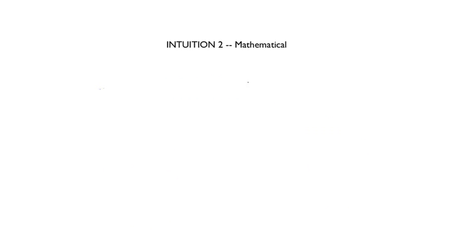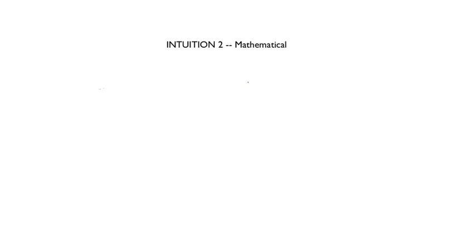Let's look at the intuition for why the optimization conditions look like they do from a different perspective, in this case a mathematical one. By the way, I'm trying different intuitions because some of you may find some of them more natural than the others.